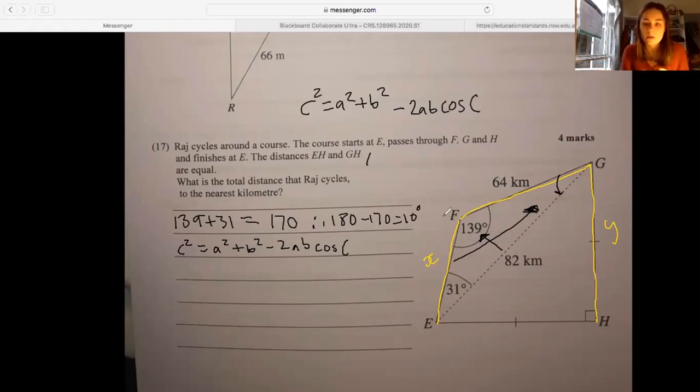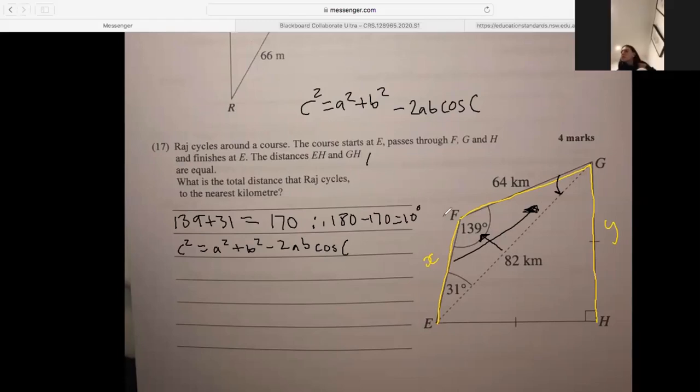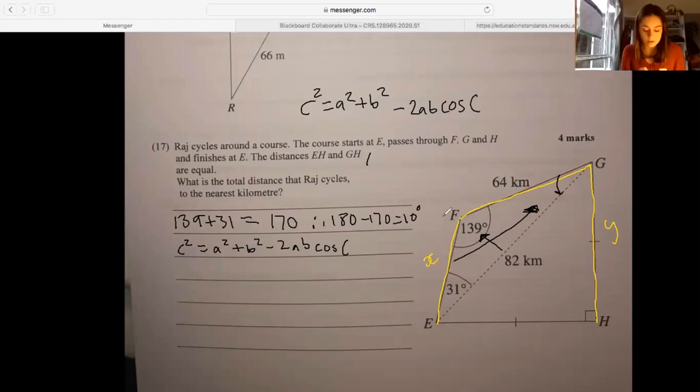A squared, so it's 64 squared plus 82 squared, minus 2 times 64 times 82 times cos C. What was C? 10.